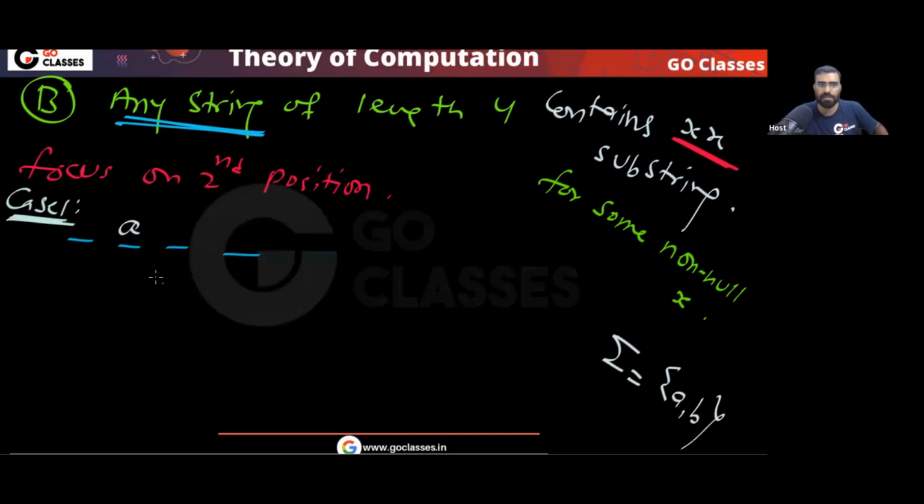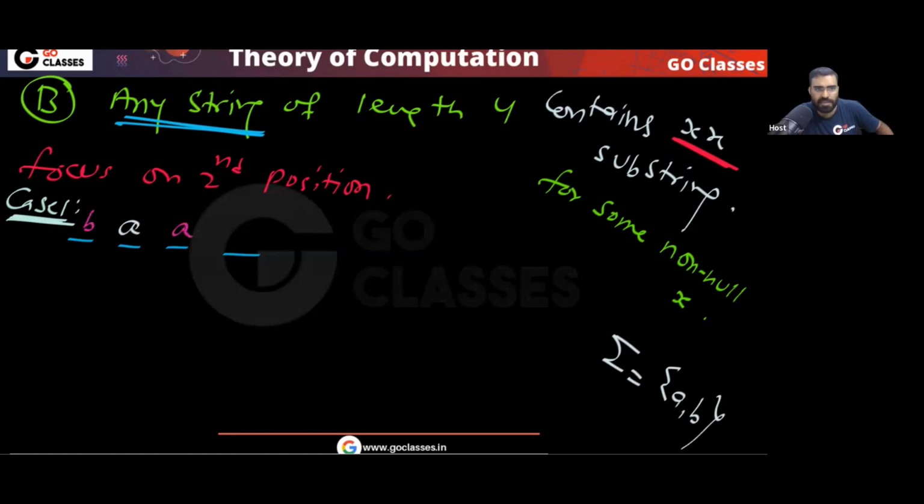Case 1 is second position is A. So if the second position is A, can I put this first position as A? If I put this first position as A, then what problem will happen? I got my XX. So this will be B.